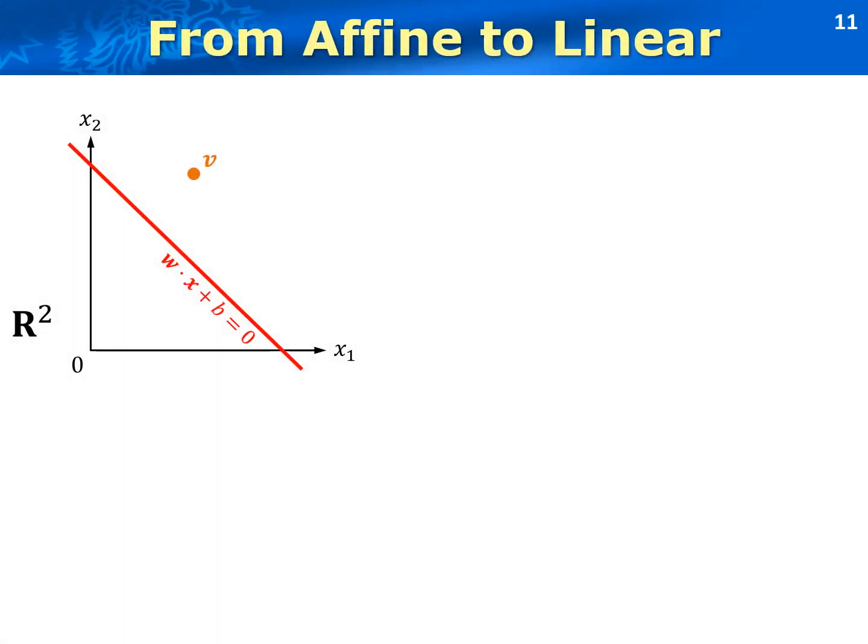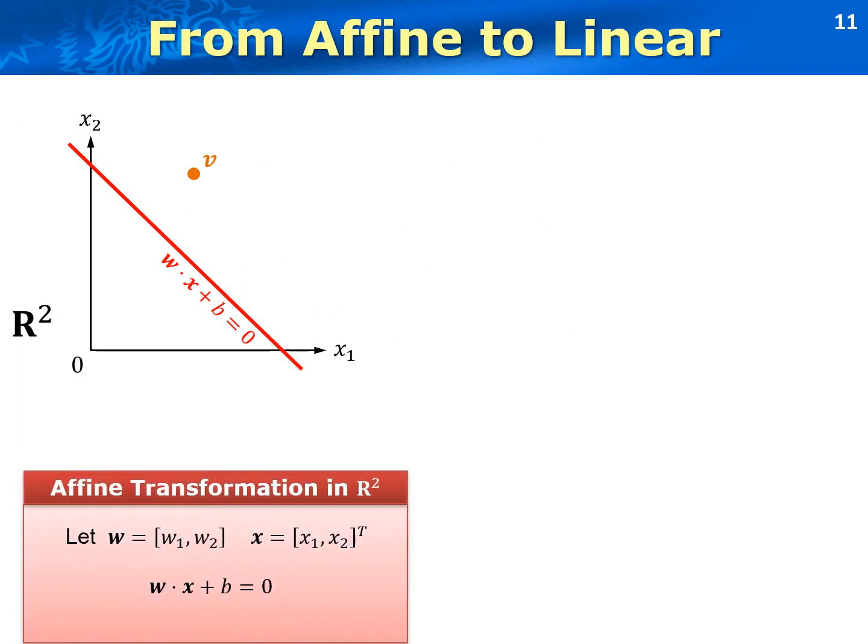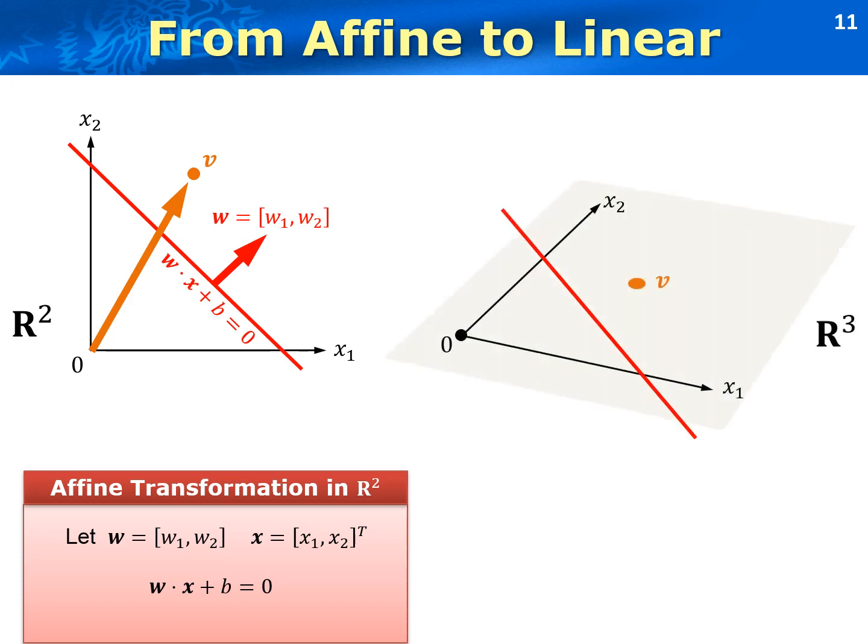Given a data point v and a line in 2 dimensions, we want to determine if v is above this line. Since this line is not across the 0 point, we cannot simply use the angle between the vector v and w to determine if v is above the line. However, if we convert this line into 3 dimensions, it will become a plane that is across the 0 point.